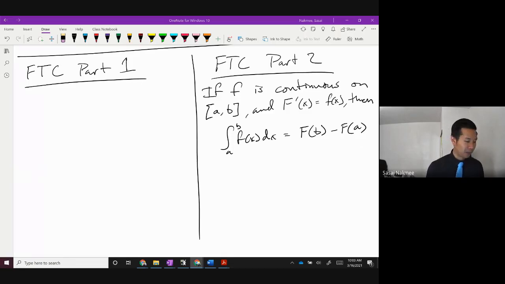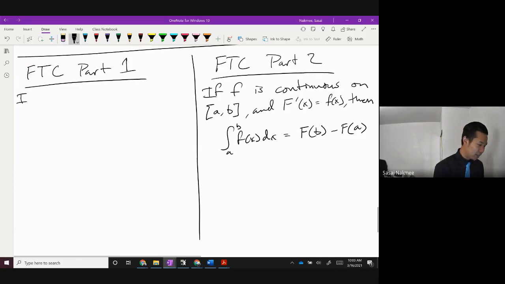They're inverse functions of each other, okay? But if you want to write it down, this is the idea here.